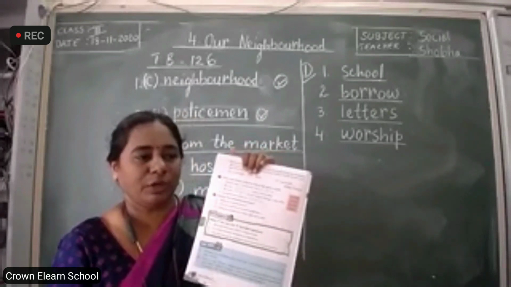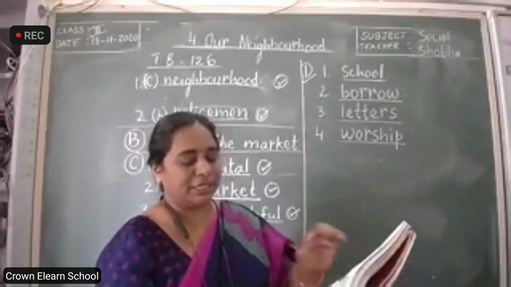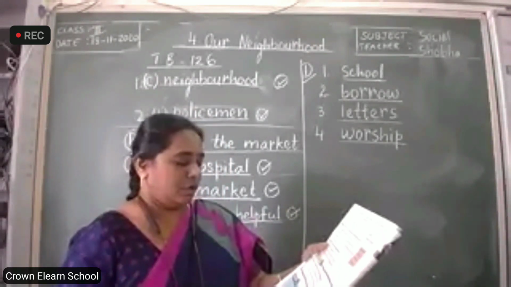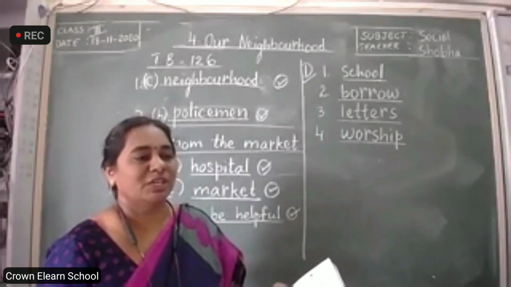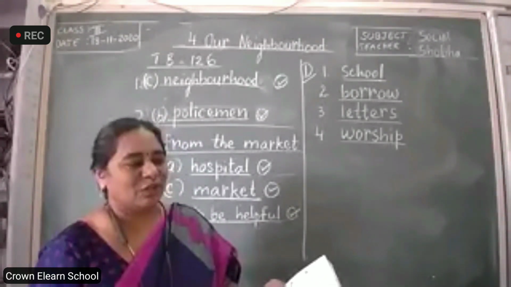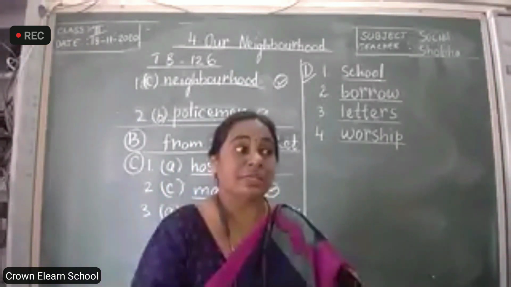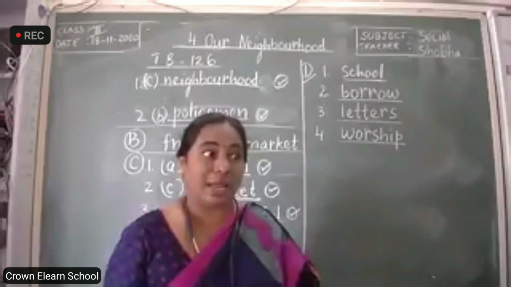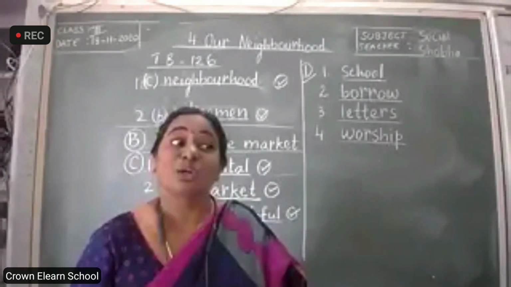Now, first statement. We must help each other in times of need. Is it true or false? When somebody is in need, we must help, isn't it? So it is true.